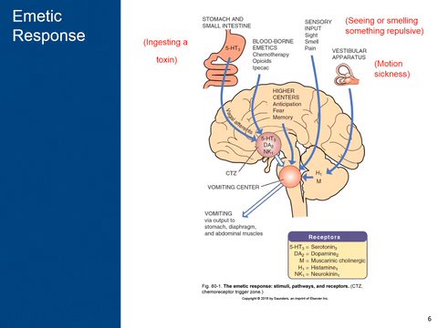Other direct signals come from the vestibular apparatus of the inner ear. The inner ear senses motion and body position, and signals indicating that motion or body position is out of alignment can lead to a sense of nausea and vomiting. Usually when we think of this, we think of motion sickness, car sickness, or even seasickness.